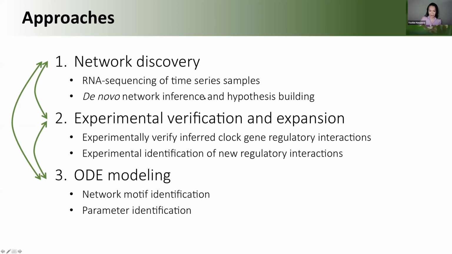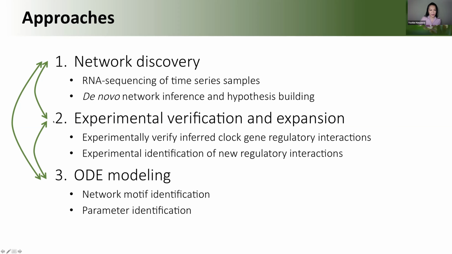Based on that structure, we can build hypotheses, and the next step is to test them experimentally. We experimentally verify the inferred clock gene regulatory interactions, and we can also experimentally identify and expand with new regulatory interactions.